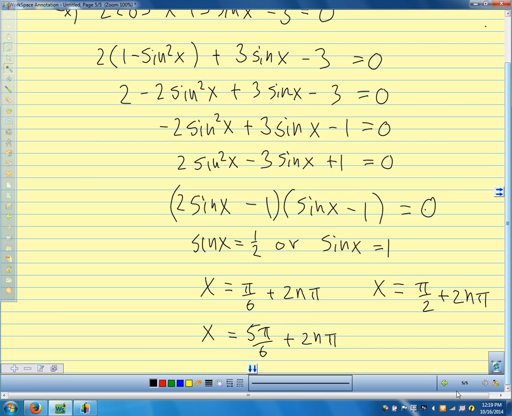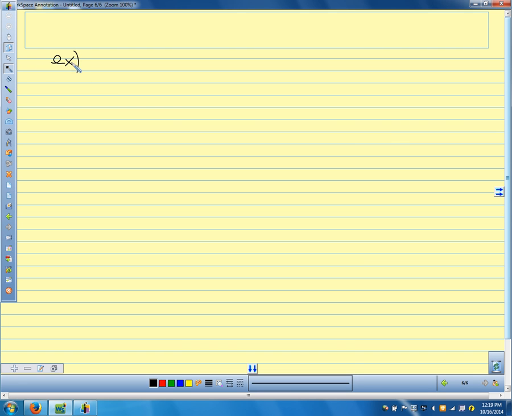Okay, one last example that's just slightly different. All right. Sometimes you will have equations that have multiple angles. So I'm just going to put a little header up here. Nothing really different until the very last step.